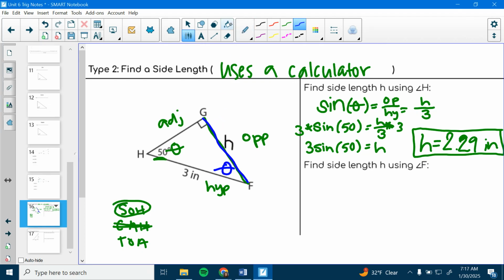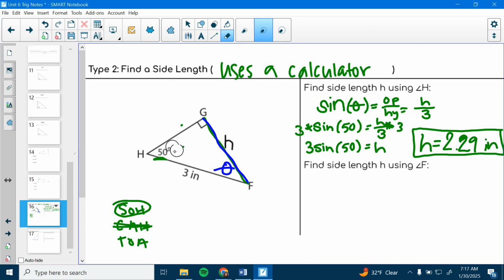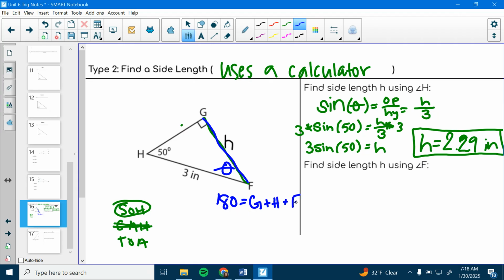Well, hold on. Before we do anything, I'm going to erase my adjacent, hypotenuse, and opposite labels because I know those are going to change. I'm going to erase my theta, and I'm realizing I don't actually have an angle measure at F, but I can find it because I know that all the angles in a triangle add up to 180 degrees, which means that angle G plus angle H plus angle F equal 180 degrees.